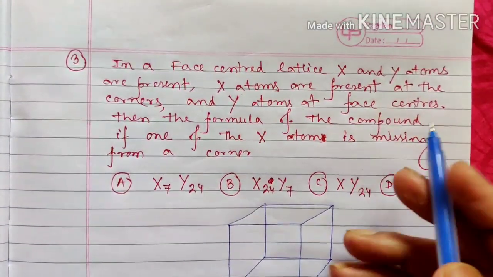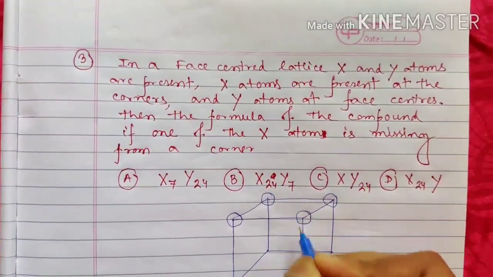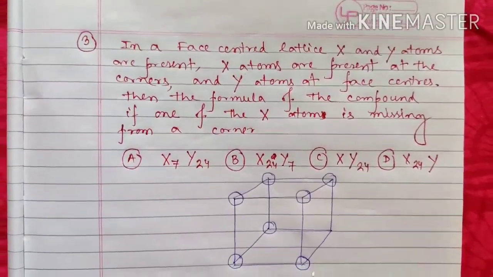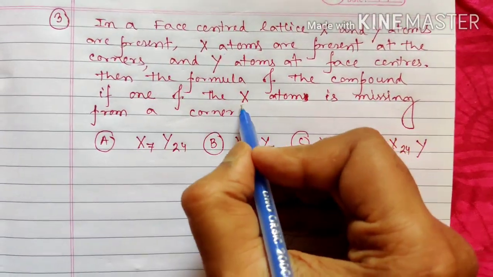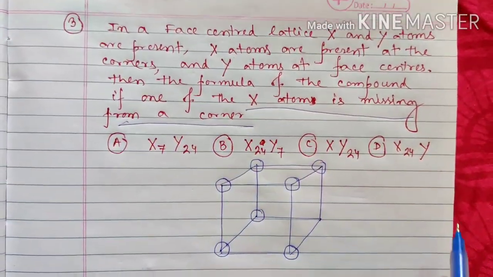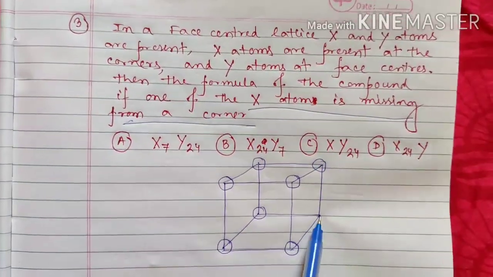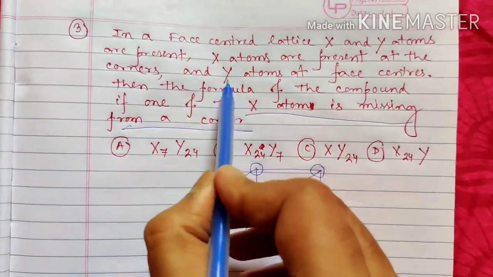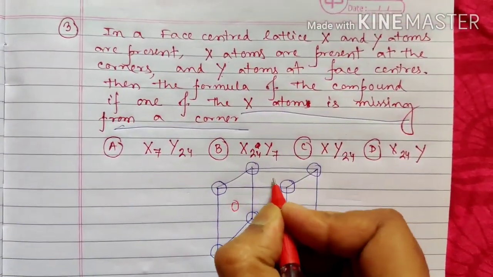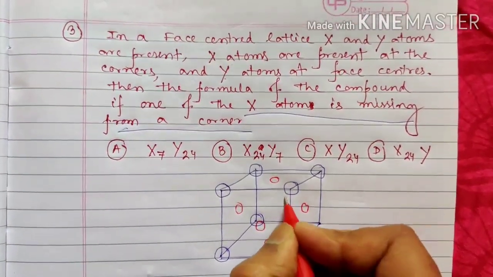X atoms are present at the corner, so quickly let us draw the X. Here this one I have not drawn because one of the X atoms is missing from a corner. So I have drawn 1, 2, 3, 4, 5, 6, 7. This one is kept vacant. Y atoms are present at the face centers. So 1, 2, 3, 4, 5, 6.